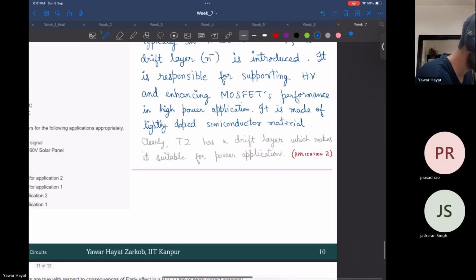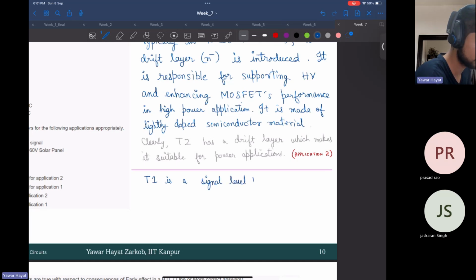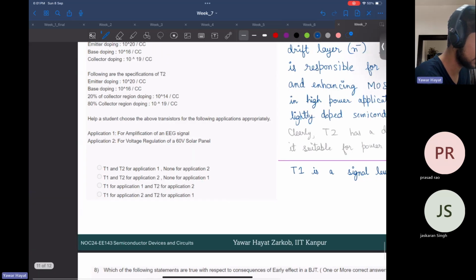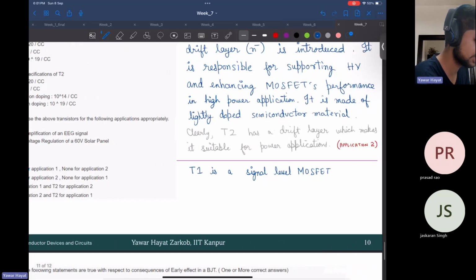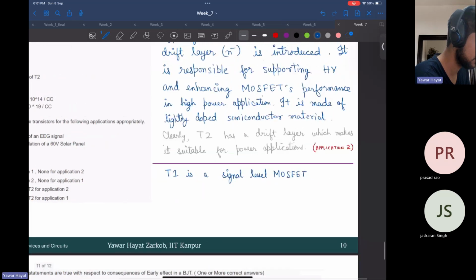Now, your T1 is a signal level MOSFET, right? Which is suitable for application 1 because amplification of an EEG signal is such an application.